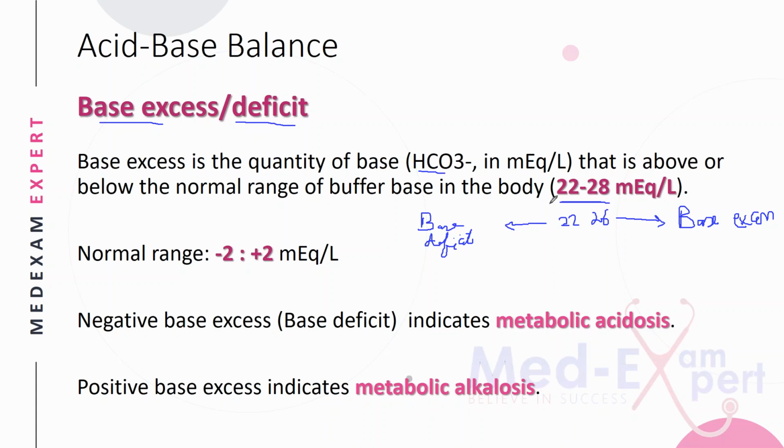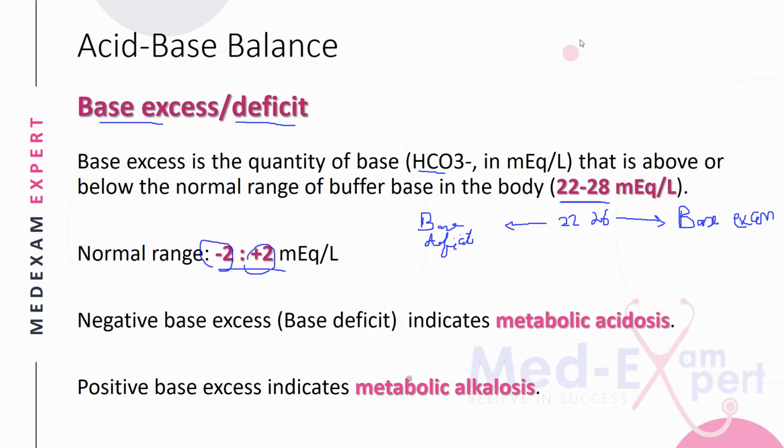I can talk directly about the bicarb level, or I can talk about it in another way, which is the base excess or base deficit. Normally the base excess or base deficit range is from -2 to +2 milliequivalents per liter. So I can have -2 below this range or +2 above it. This is normal. But less than -2 or more than +2 is called a metabolic base excess or base deficit.